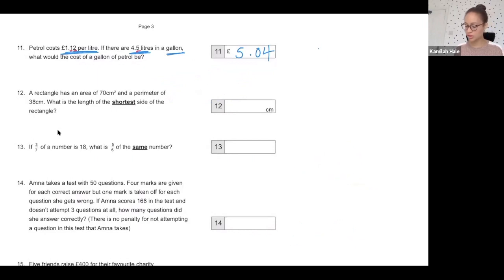Okay, let's go on to number 12. So a rectangle has an area of 70 centimetres and a perimeter of 38 centimetres. What is the length of the shortest side of the rectangle? Now, very quickly, how do we find the area of a rectangle?